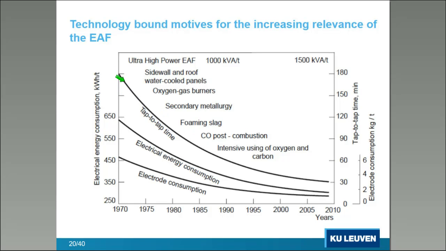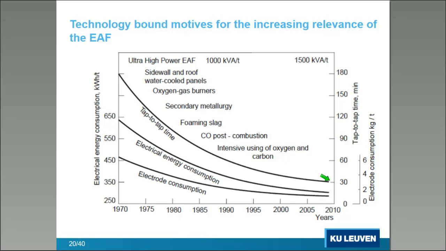Let's start here with considering the tap-to-tap time. It was in the 70s of the last century about 180 minutes, so that means it took 3 hours before you could handle another basket of scrap.